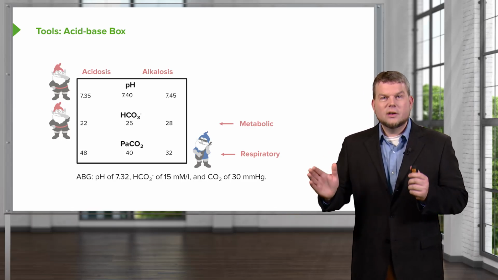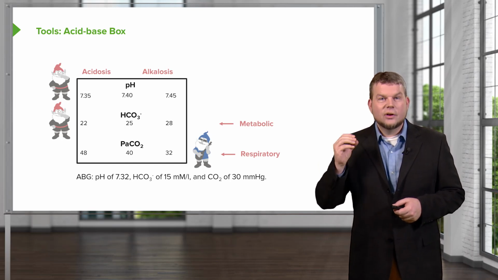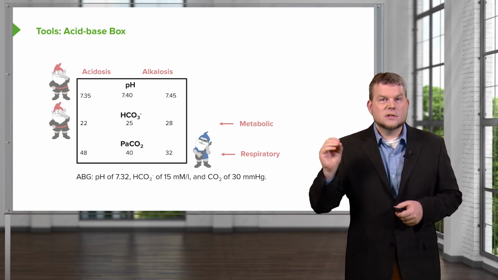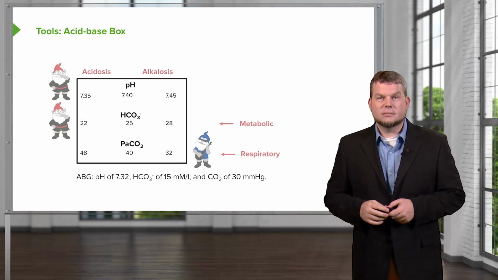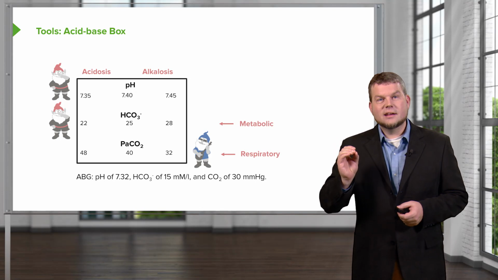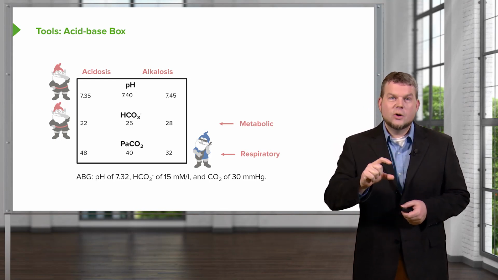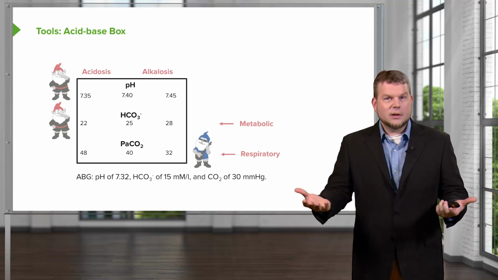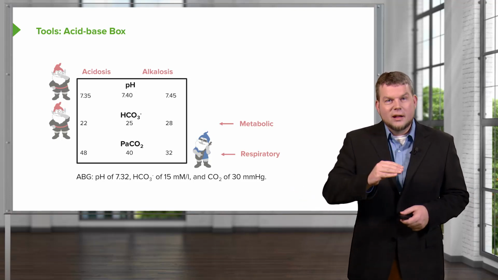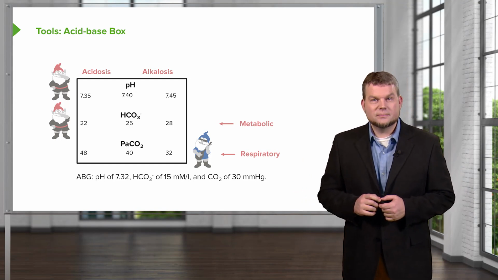By knowing where the gnomes are, I can name this condition. It is metabolic acidosis with respiratory compensation. How do you know that? You always name the condition based upon where the gnomes are. If there are 2 gnomes on one side, that's how you name it. Metabolic acidosis with respiratory compensation.